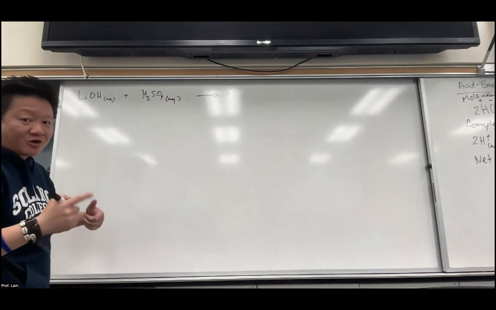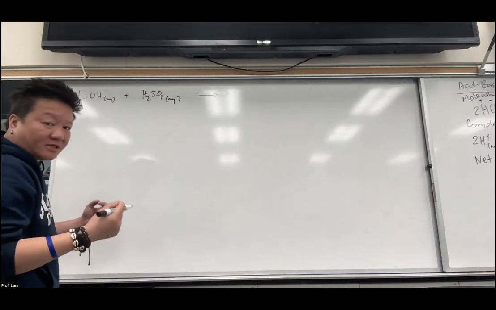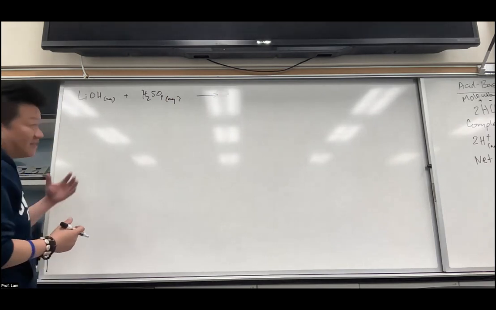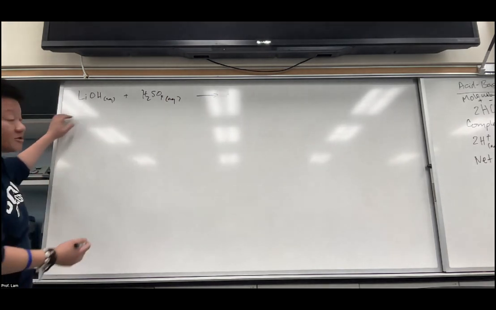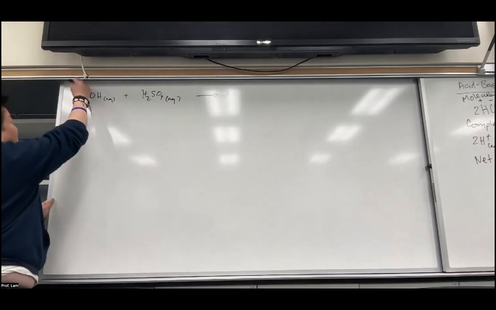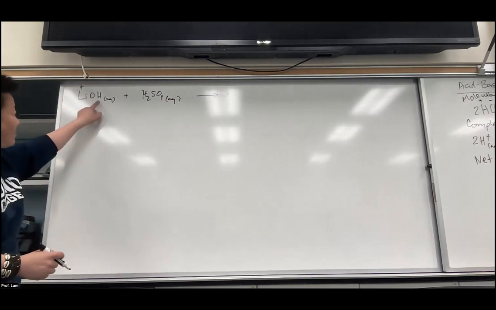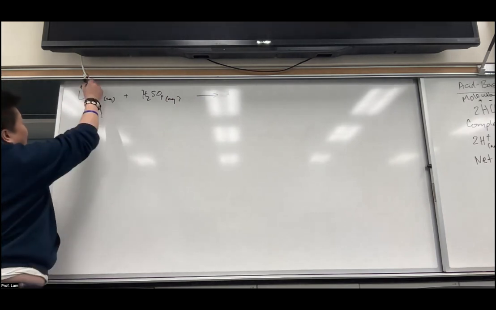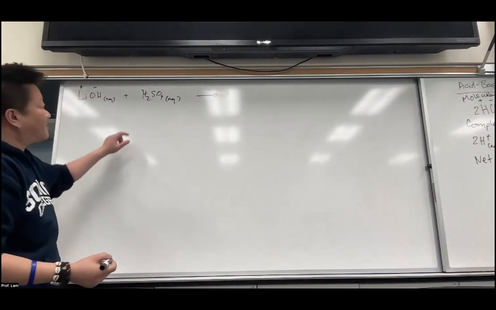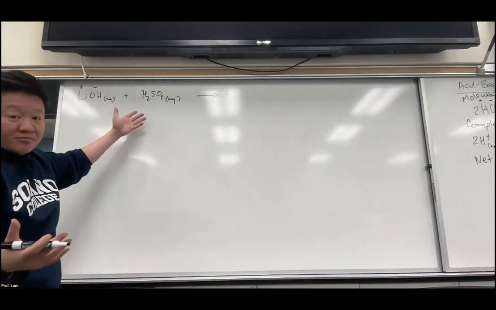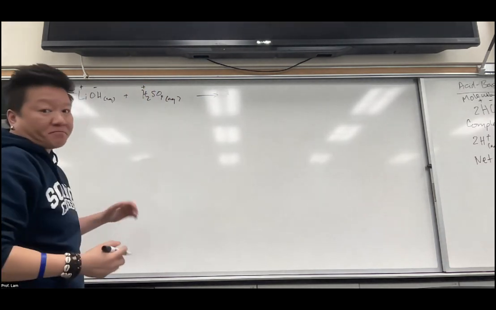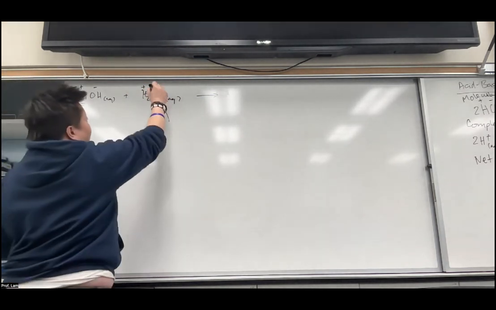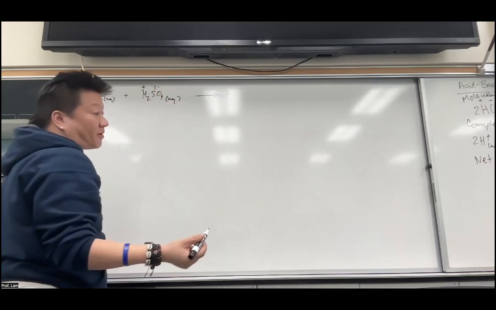Get the charges first. I think this is really going to be key to making this a lot easier on you. What's lithium's charge? It's in group 1A, so it's a plus. What is hydroxide's charge? It's negative. You know your polyatomics. What is H's charge? It's a proton, so each H is a plus. We know that sulfate is 2 minus.